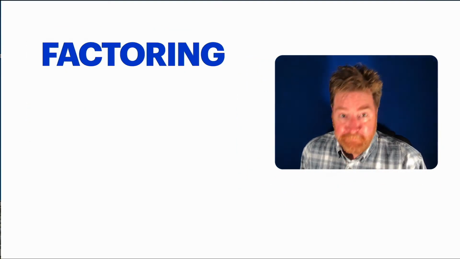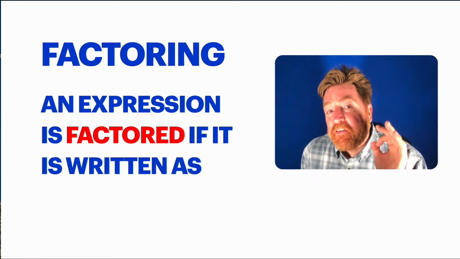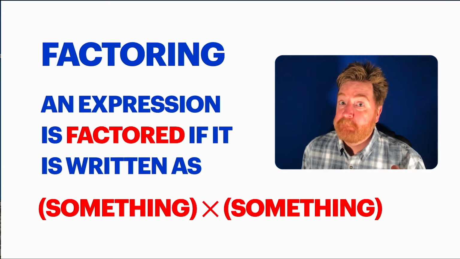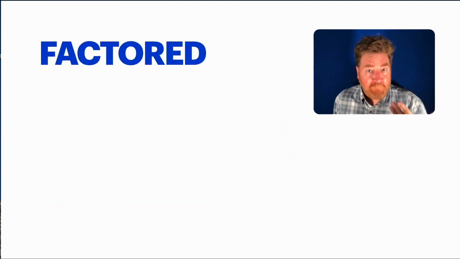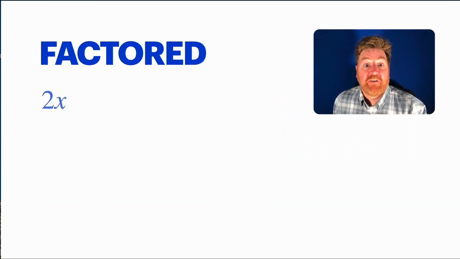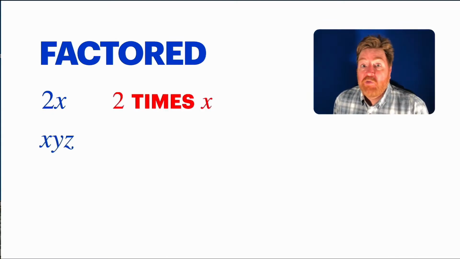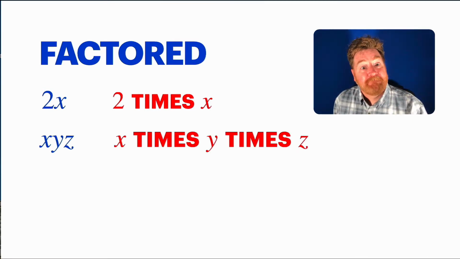Just as a reminder, an expression is factored if it's written as something times something. So for example, these expressions are factored. 2x, because it's really 2 times x. So is xyz, because it's x times y times z.